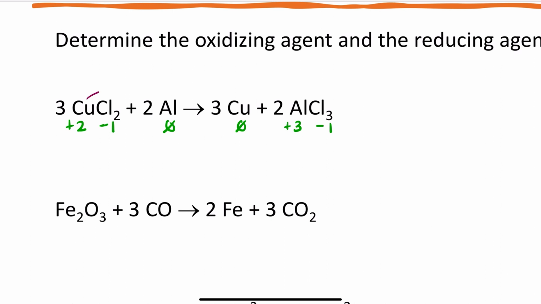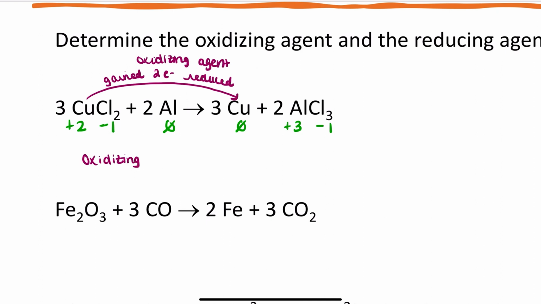I've got my copper going from +2 to 0, meaning it gained 2 electrons. It's been reduced. Therefore, it's the oxidizing agent. So the oxidizing agent is my copper 2+. Copper 2+ was reduced.